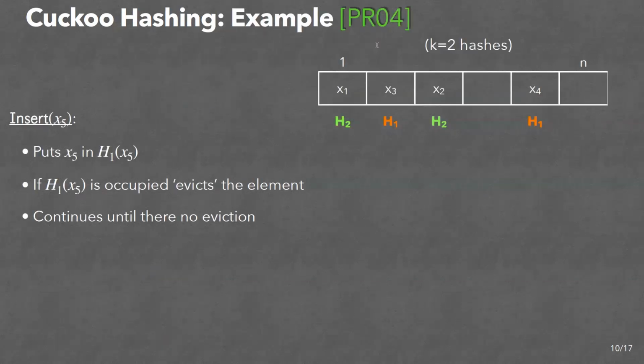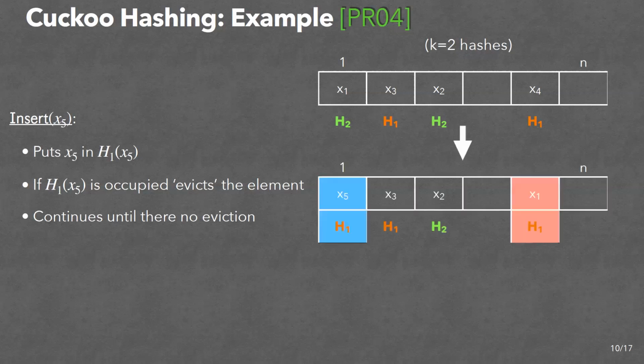Let's see how it more or less works through an example. I think the simplest form of cuckoo hashing is the following, where we have two hashes. In this example, let's say that we have 4 elements and we want to insert a 5th element in the table. So what cuckoo hashing does is that it takes the 5th element, hashes it with the first hash function, h1 of x5, and puts it in the corresponding position that the hash indicated. Now the thing is that since the space is small, maybe another element was there, because these individual hashes are going to have collisions.